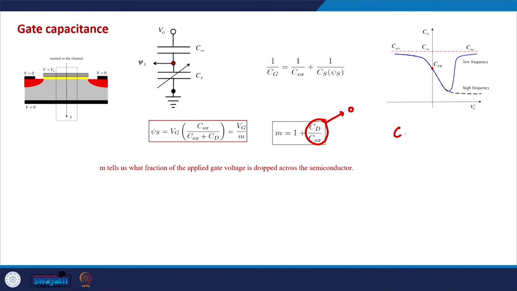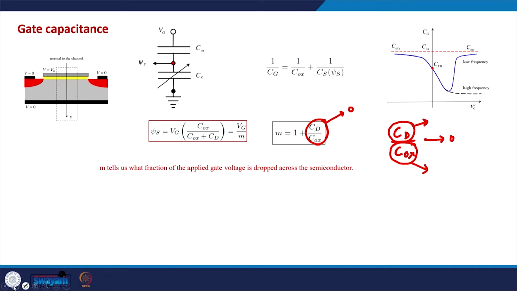So, we need to make Cd by Cox as small as possible. How do we do that? We can do that in two ways. One is by making Cd as small as possible, or by having a large Cox, which means we would like Cox as large as possible and Cd as low as possible.